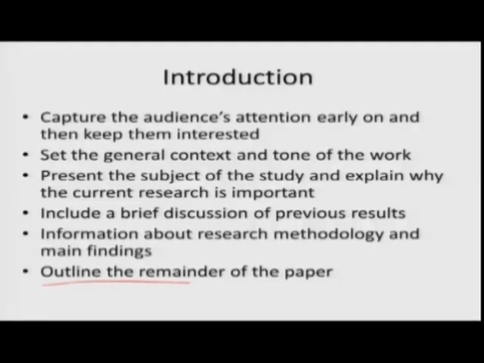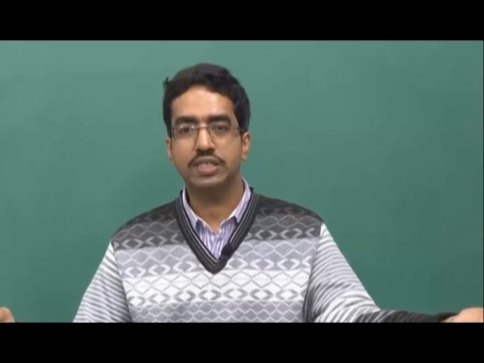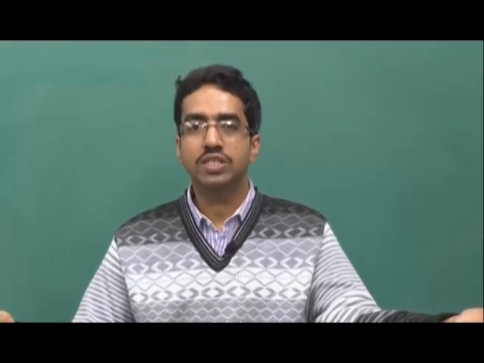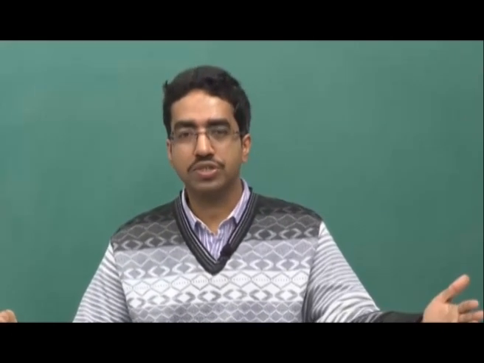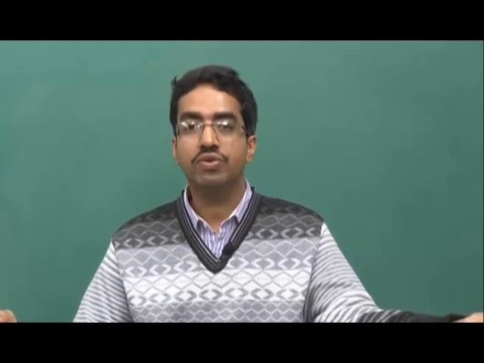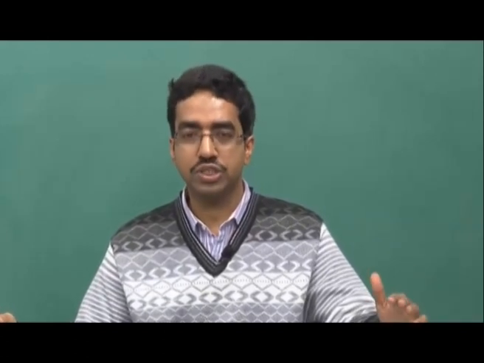Another important thing is that you also outline the remainder of the paper, just as you would do in a dissertation. In dissertations you have chapters; in a research paper you have sections and subsections.